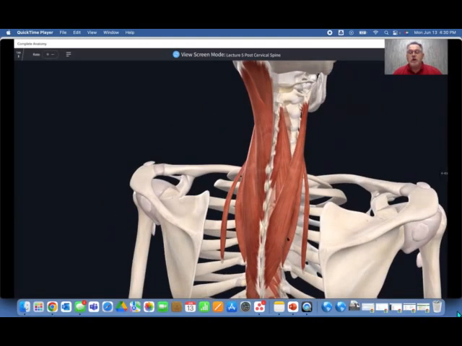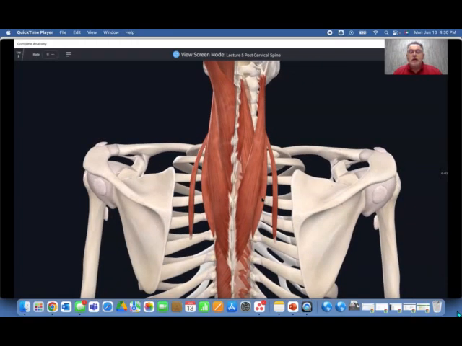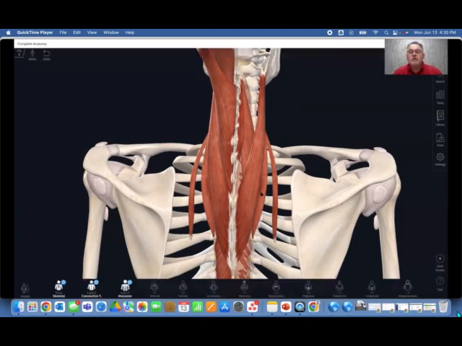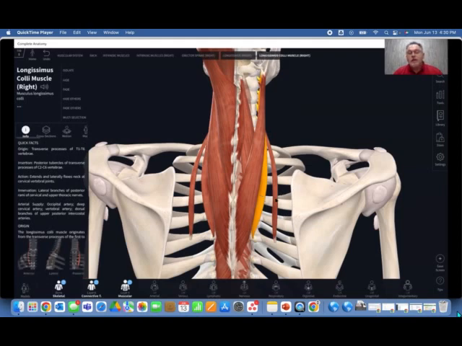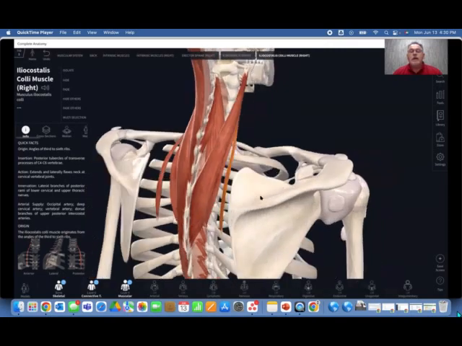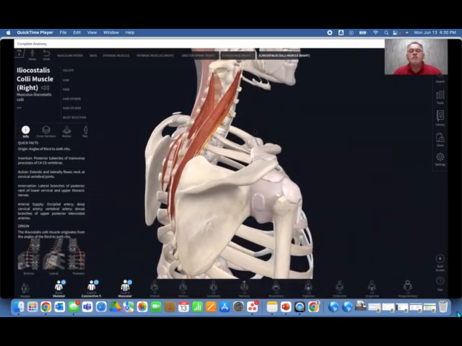So here what we're talking about is the longissimus capitis or cervicis, and then the iliocostalis cervicis. And we didn't deal with those previously.